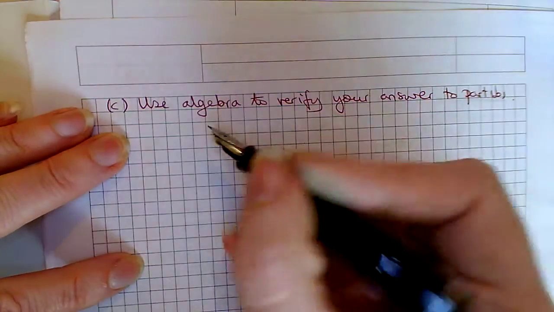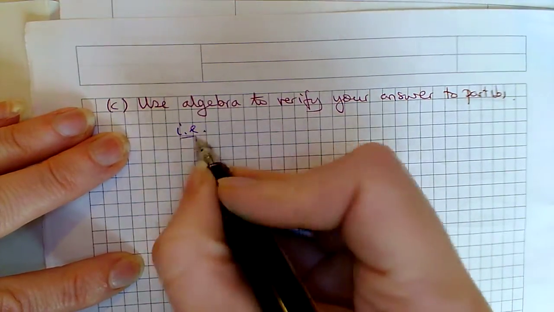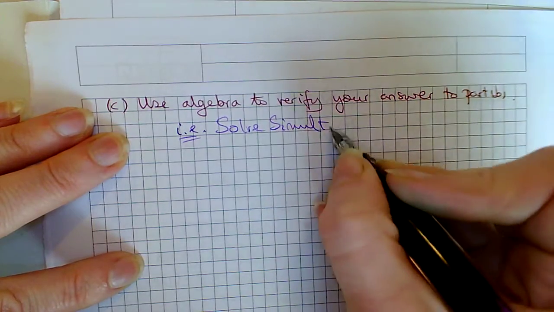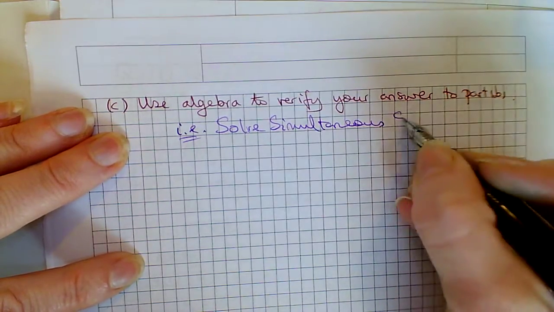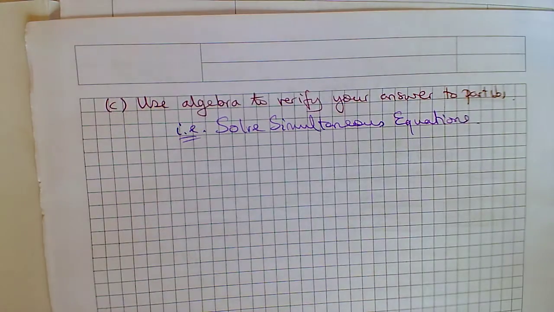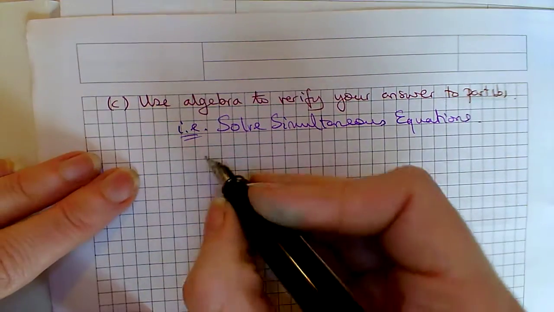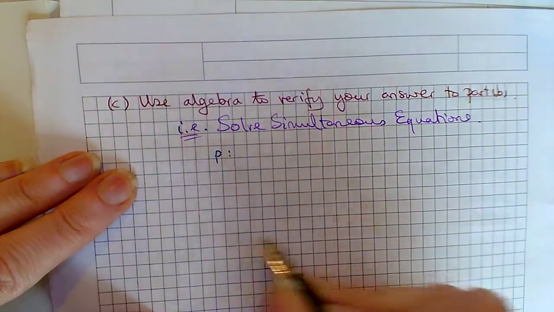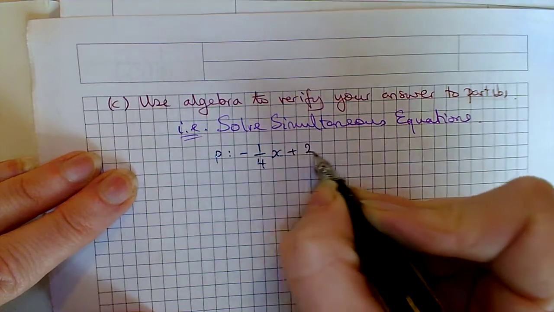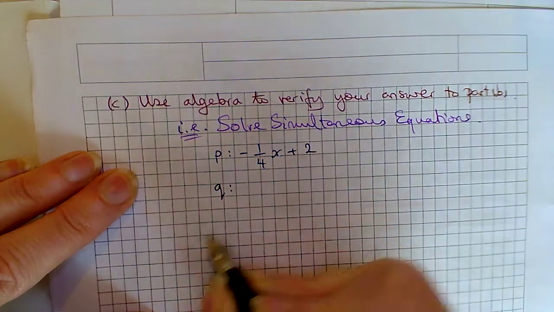We're going to solve simultaneous equations, where my two equations are P, y equals minus 1/4 x plus 2, and Q, y equals x minus 3.